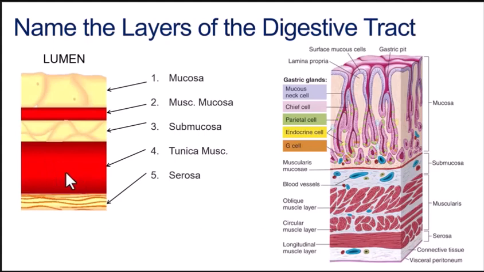It's smooth muscle that allows for the process of, if you remember the terms, segmentation and peristalsis. And then we have the outer layer, the serosa, which we can also see here. This layer is continuous with other serous membranes of other structures in our body.